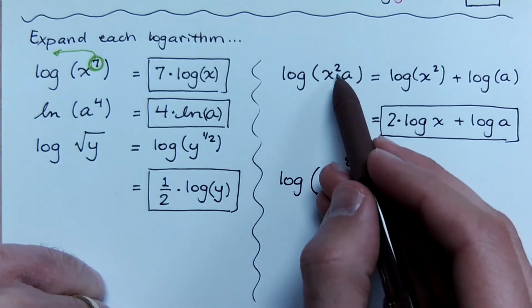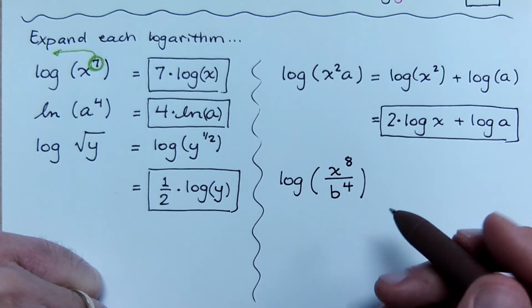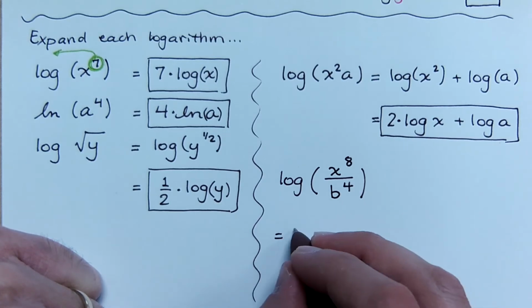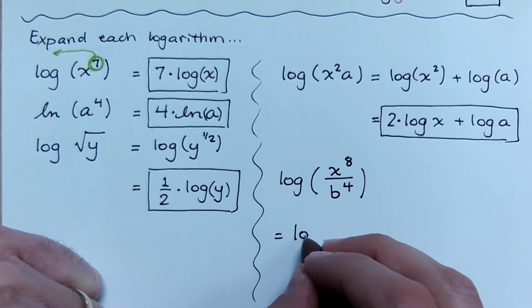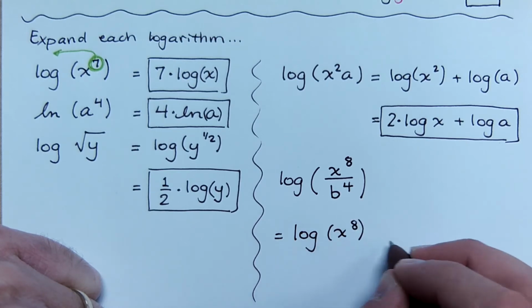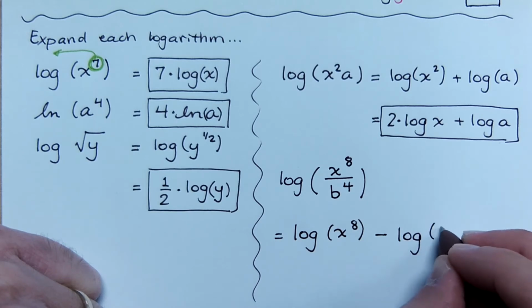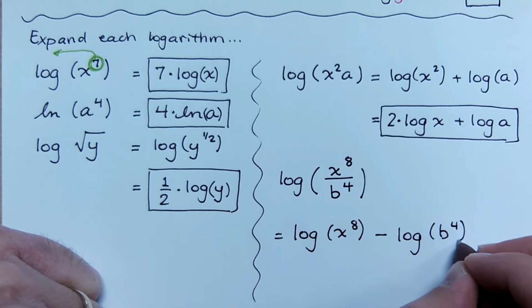If multiplication on the inside led to addition when you separate them, what do you think division is going to do? It's going to lead to subtraction. So we can rewrite this to say log of x to the 8th minus what you have in the denominator, so minus log of b to the 4th.